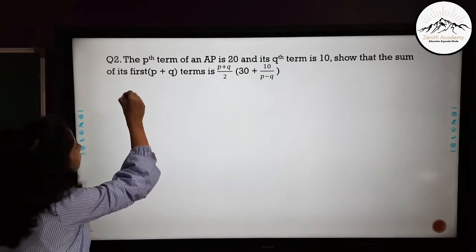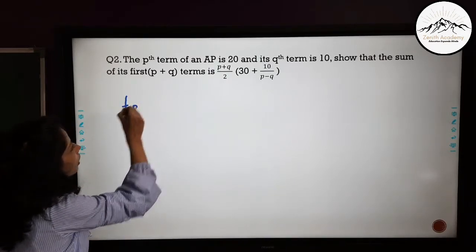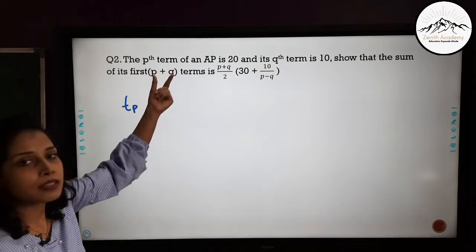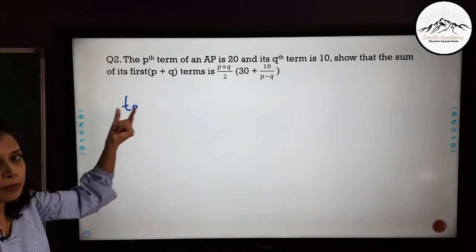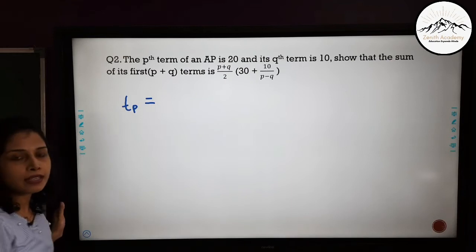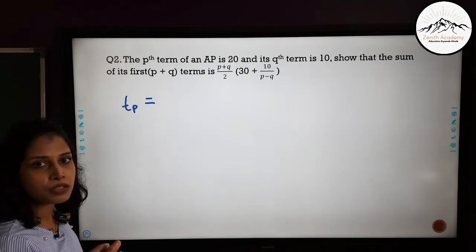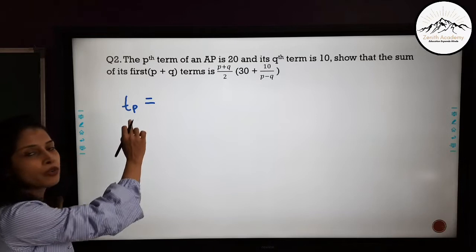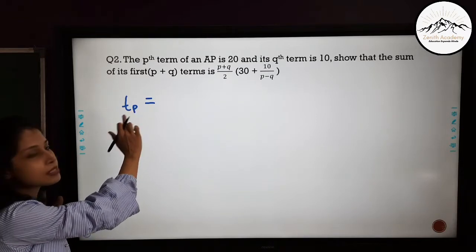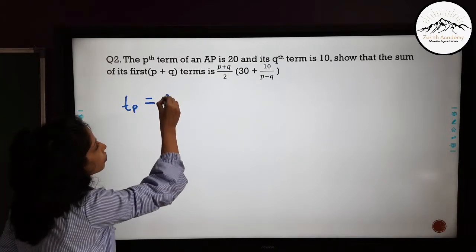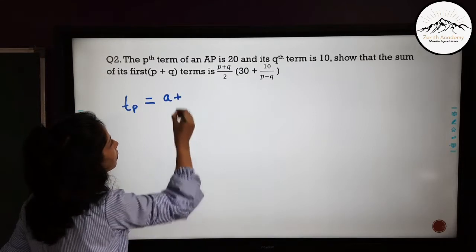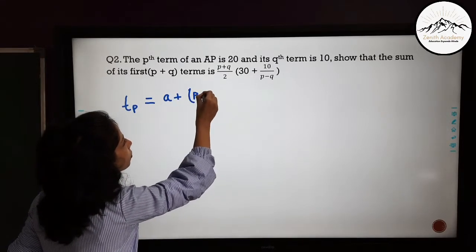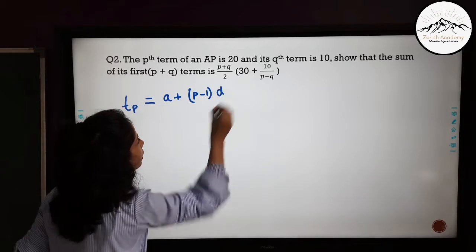Now please see carefully what we have been given. Pth term, we can write it as Tp. We know what the nth term of an AP is, a plus n minus 1 d. So instead of n, the term used here is p. So we can write it in a similar manner, a plus p minus 1 into d.